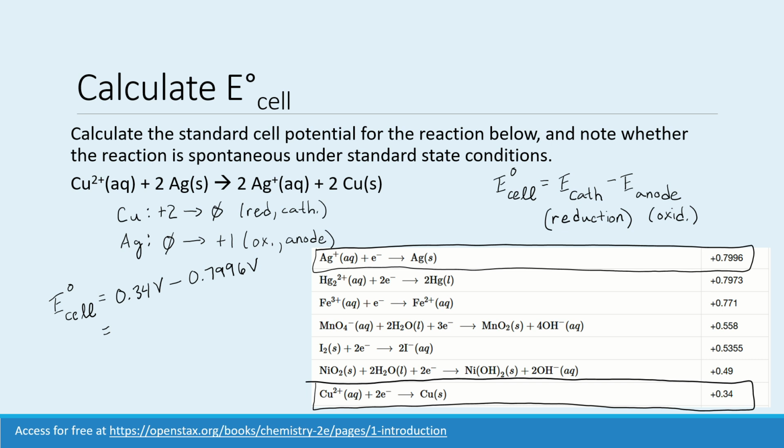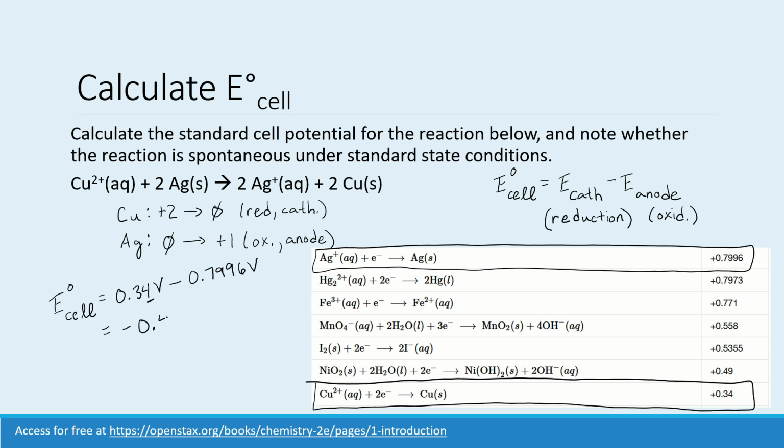0.7996 volts. And if we are using significant figures, it looks like based on that table, the copper ion only goes out 2 significant figures, so our final answer has to go out 2 decimal places as well.